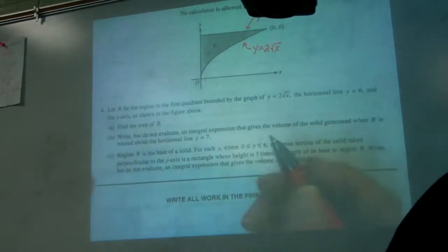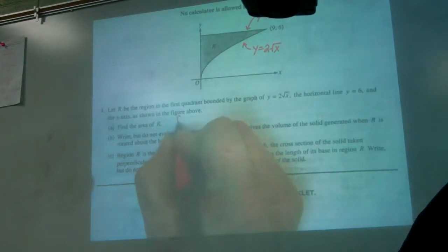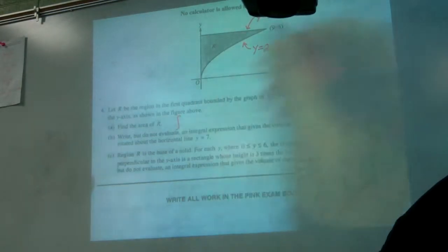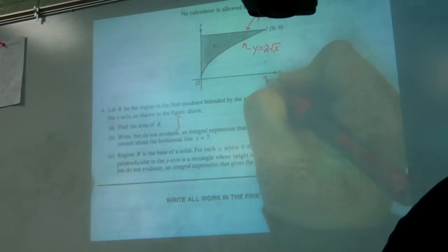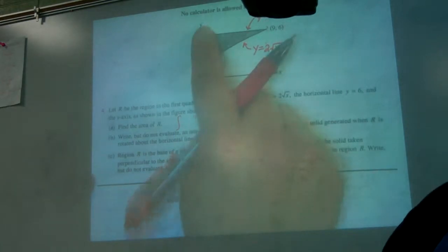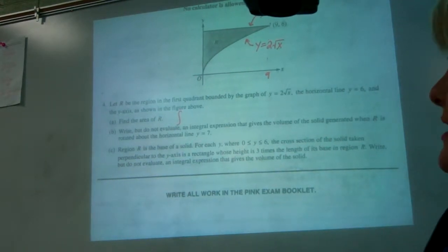So when you're finding the area of a region that's enclosed by 2 curves, we're going to integrate from 0 to 9. Those are the x values that contain that area.